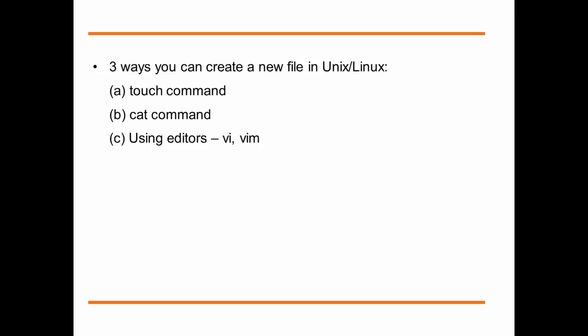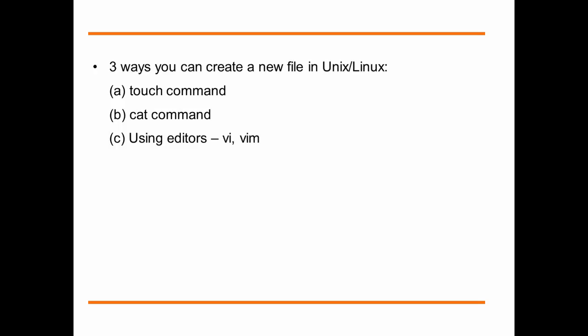There are three ways you can create a new file in Unix or Linux. One is using a touch command, which we have already experienced. Touch creates a 0-byte file size. If the file already exists, it modifies the timestamp. The next one is a cat command.